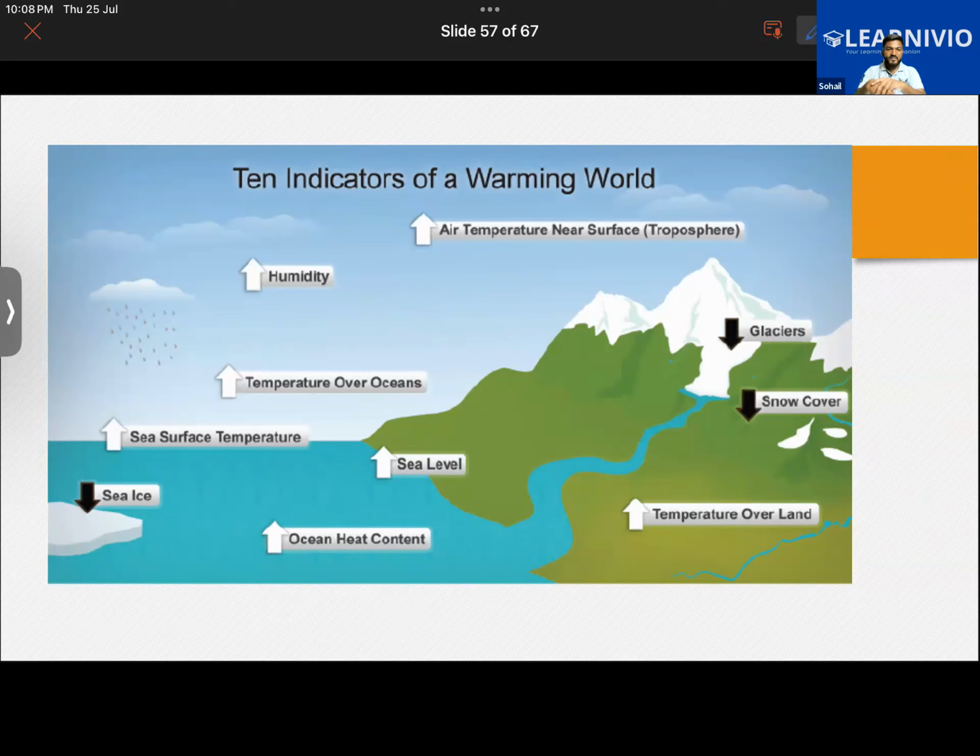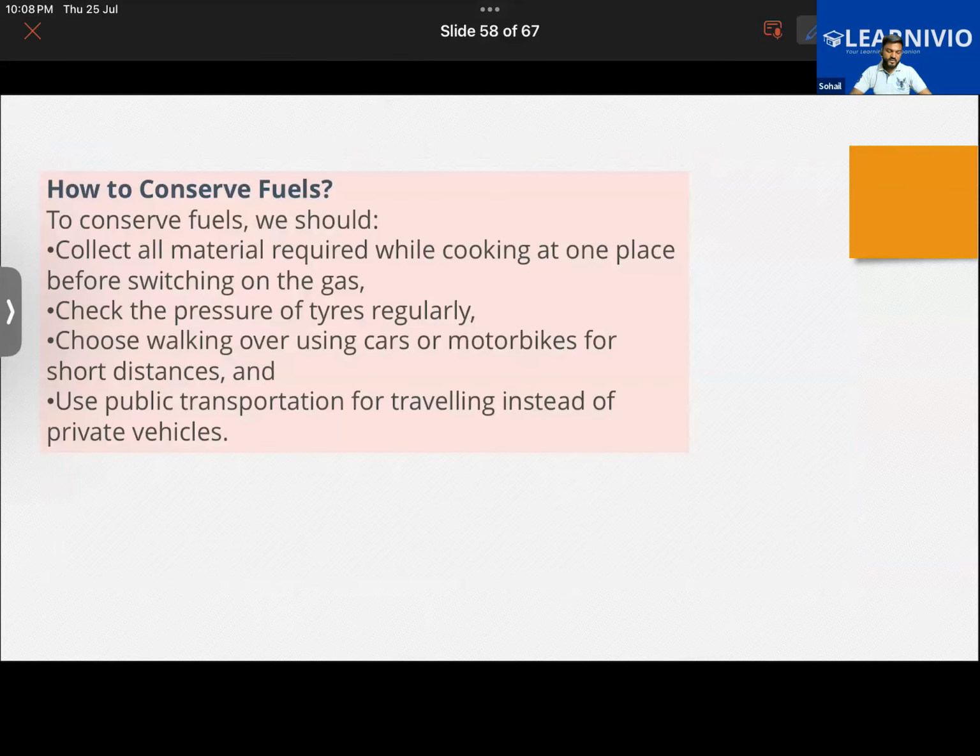Humidity would be increasing, temperature of the ocean is increasing, sea surface temperature is increasing, ice would be decreasing, glaciers are melting. Furthermore, temperature above the land will also increase, snow cover would be decreasing, and the temperature of the air, particularly near the land, would be increasing.